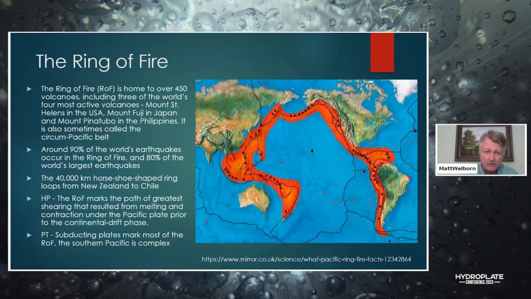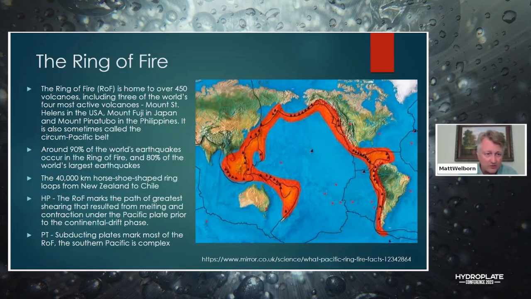If you hear about a volcano erupting, chances are it's in this place, because this is where 80% of the earthquakes and a vast number of the Earth's volcanoes are. So it's thousands of miles long, and it's a concentration around the Pacific Basin that demonstrates there's a lot of geothermal activity going on.